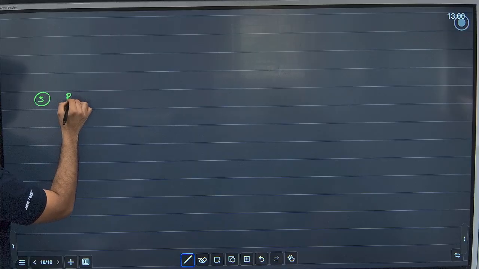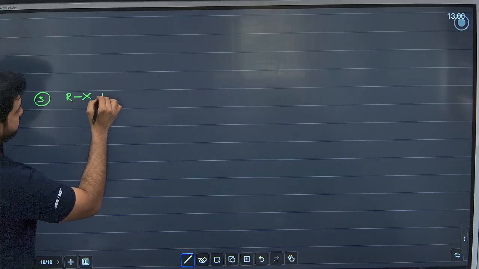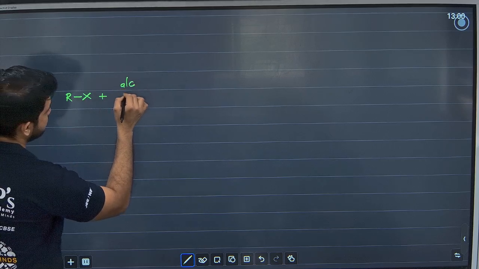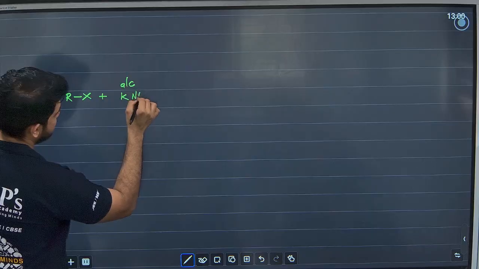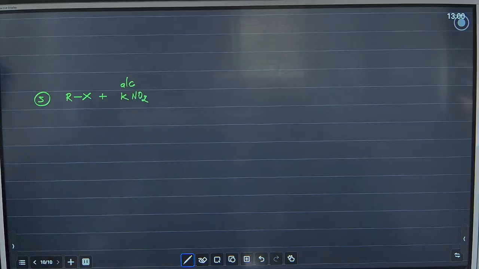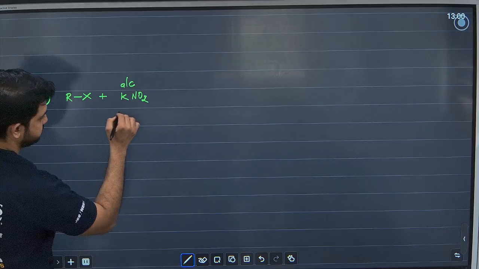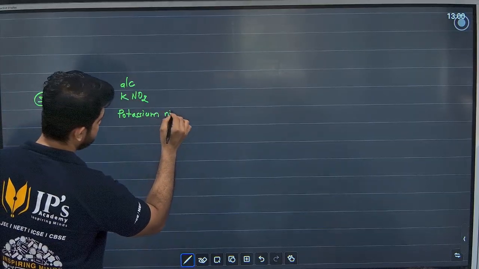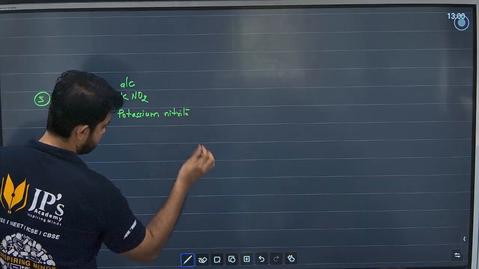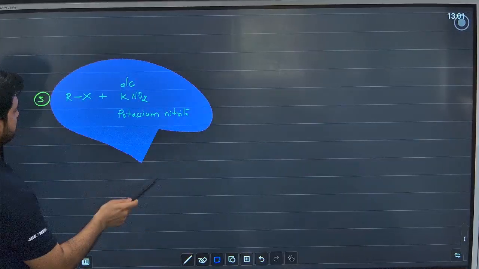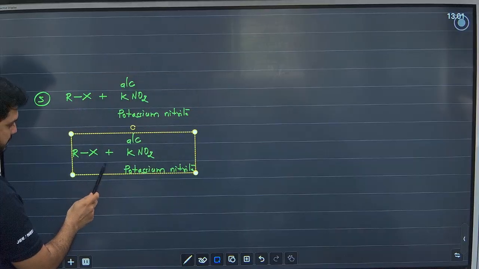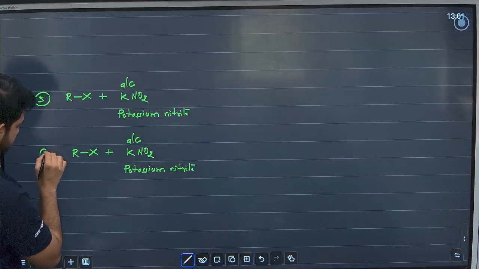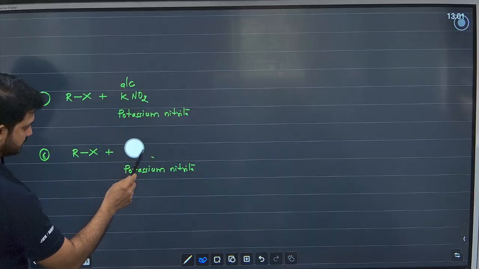We have RX plus alcoholic KNO₂, potassium nitrite. ठीक है, यहाँ पे भी प्लीज थोड़ा ध्यान देना, because we are going to do the same reaction, but instead of potassium, just like KCN, potassium की जगह पे क्या आ जाएगा people then? Ag.